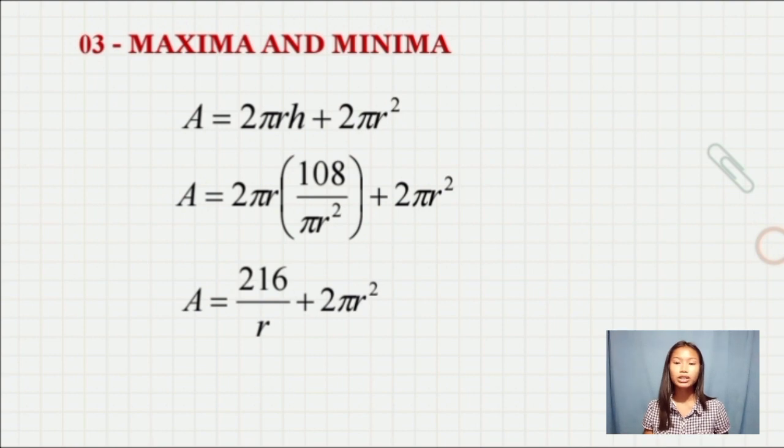So in order for us to solve the area of the closed cylinder, let's use the formula 2 pi r h plus 2 pi r squared. Substituting the h, it will become 2 pi r, open parenthesis, 108 over pi r squared, close parenthesis, plus 2 pi r squared.